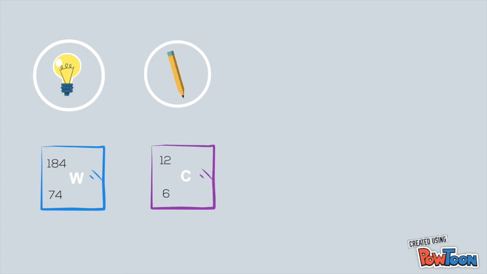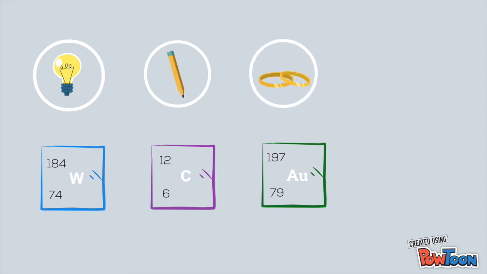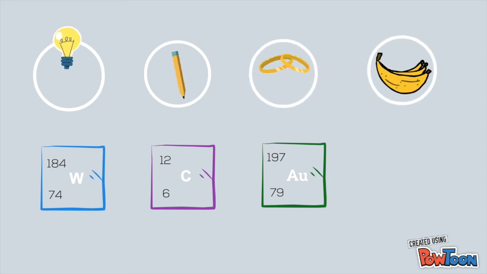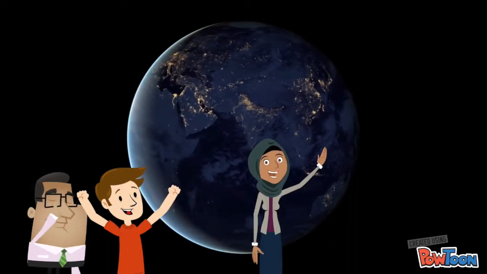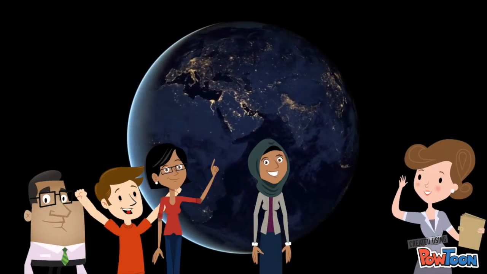For example, the tungsten filament found inside light bulbs has the chemical symbol W. The graphite found in your pencils are made from the element carbon, which is given the symbol C. Gold, with the chemical symbol Au, can be found in lots of jewellery. Bananas, which are rich in potassium, are represented by the chemical symbol K. The same symbols are used all over the world, no matter what language is spoken.